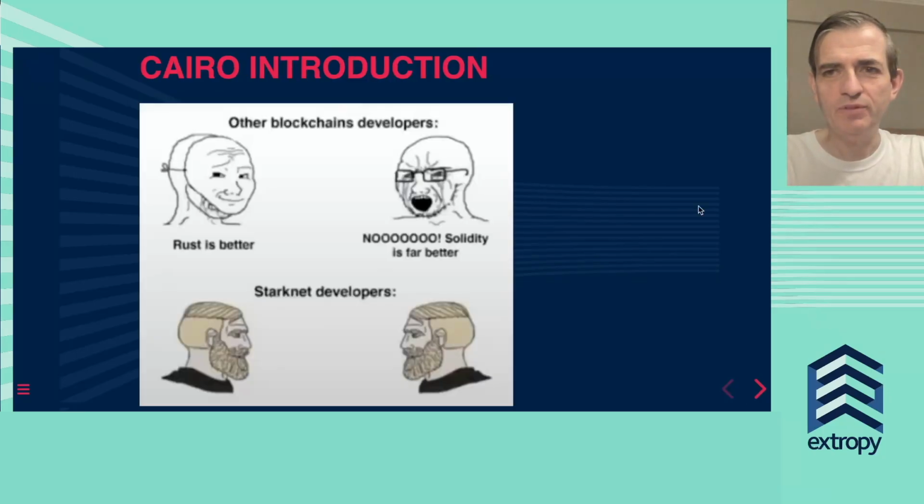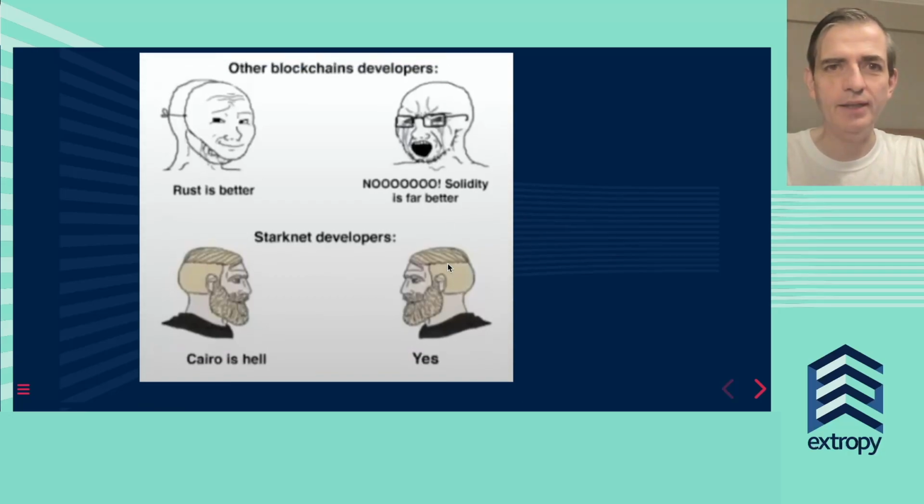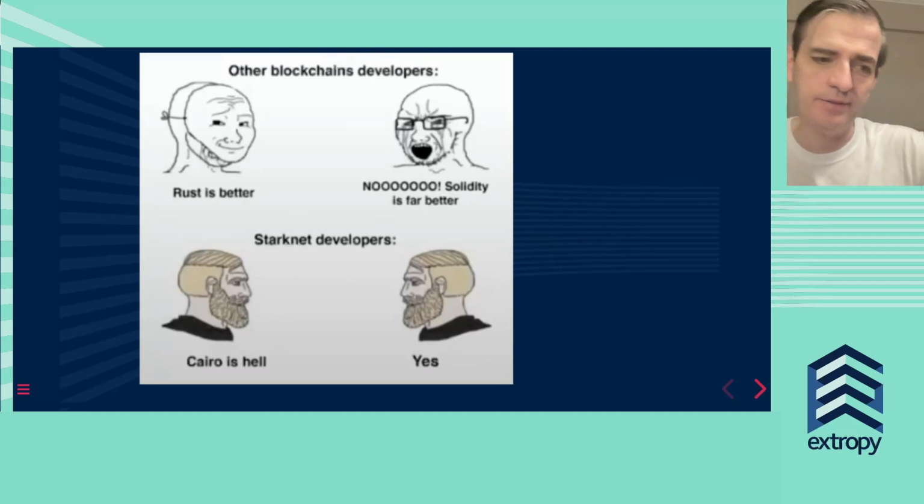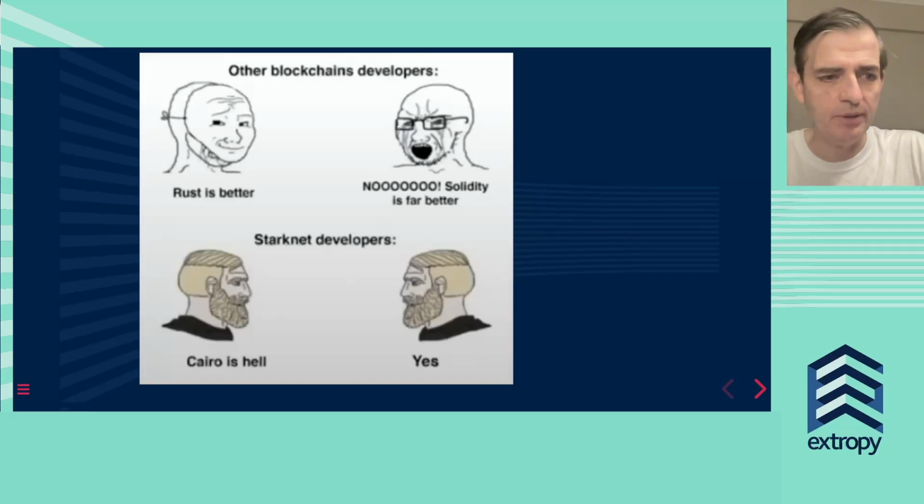So I've got a couple of memes here for you. The first one here came out with Cairo 0 because it was quite a difficult language to develop with, and the people at Starknet put a lot of work into improving the developer experience with Cairo 1.